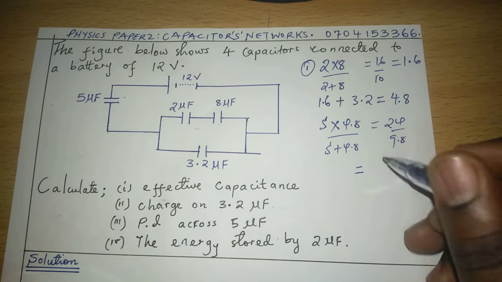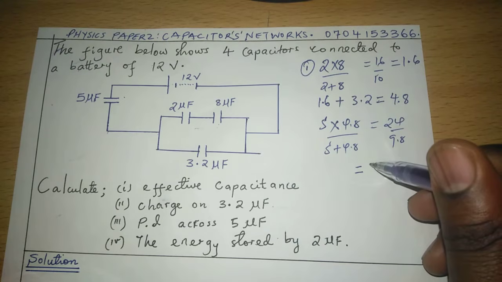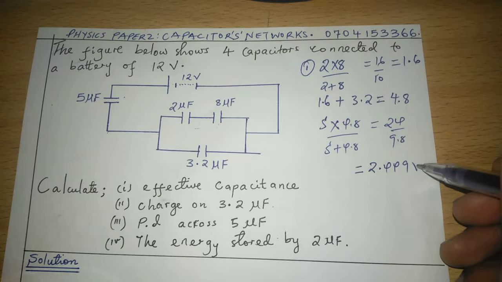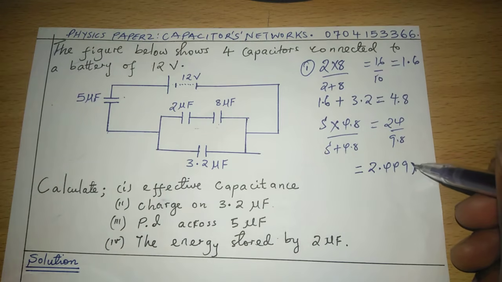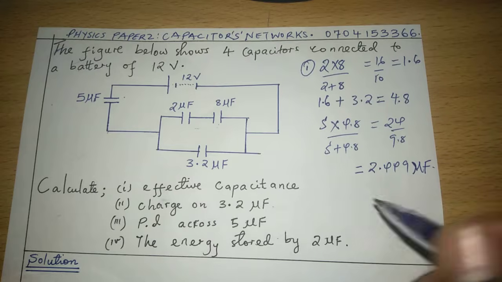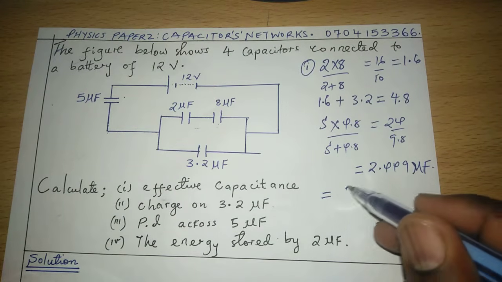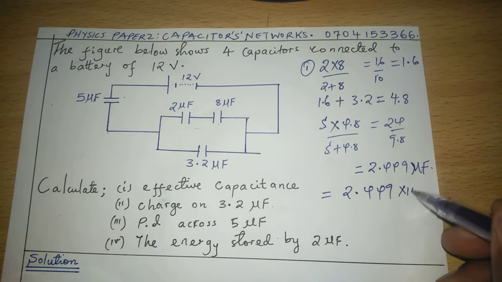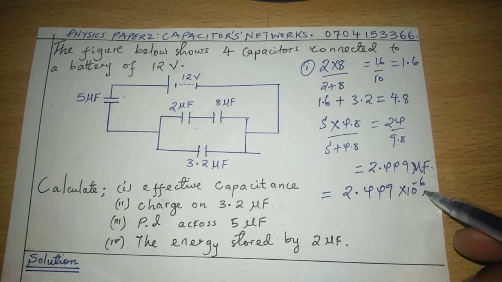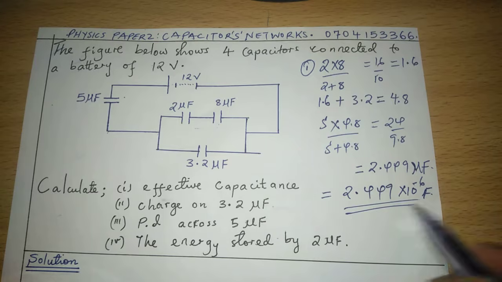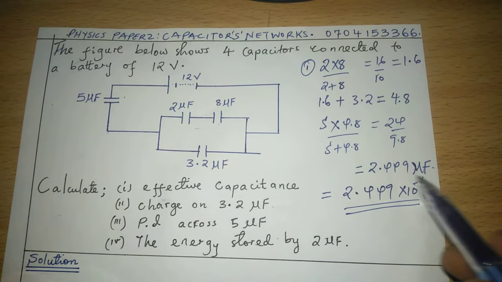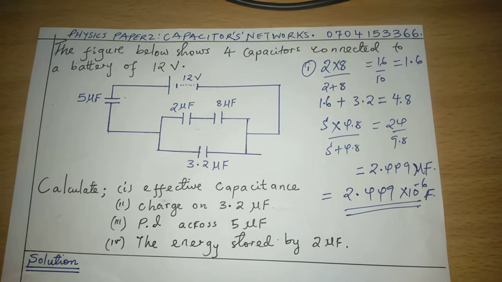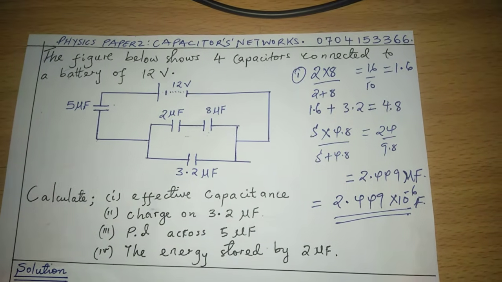The total capacitance in this connection will be 2.449 microfarads, which is 2.449 times 10 power negative 6 farads, the SI units. So instead of microfarads, we can have farads by dividing by 1,000,000. So that is the total, or effective, capacitance in the connection.